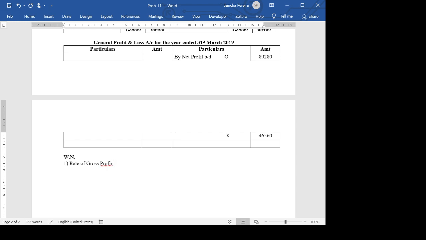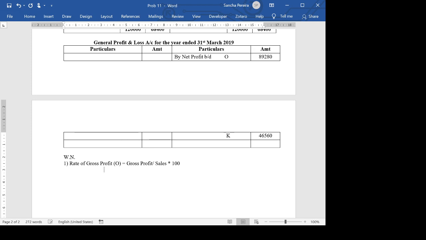So we know the formula. Rate of gross profit here will be of O, because O is the transferring department. Gross profit upon sales into 100.